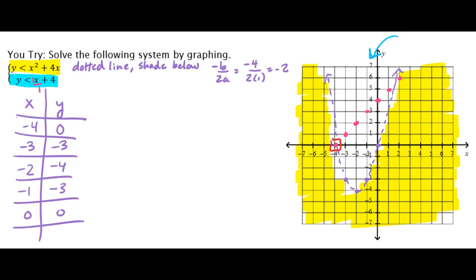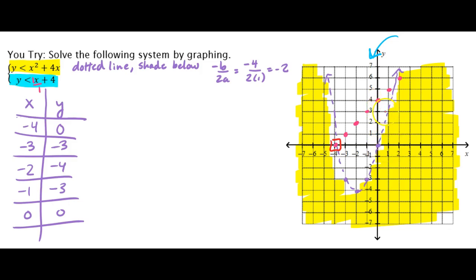I cannot see as clearly where the other one crosses, but that's okay. We don't need to know the exact numbers. If we were solving and had to find the exact ordered pair, that would be a lot more important. What you could do if you really wanted to know exactly where those two things cross is figure out, it looks like maybe they cross at 1 or 2.